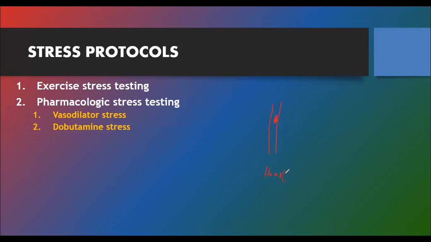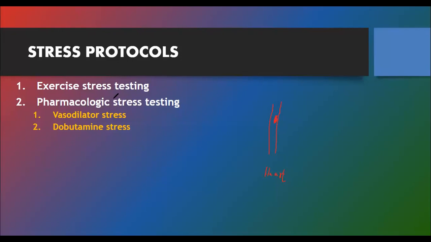But as the heart rate increases, its demand increases, and this diseased coronary is no longer going to provide enough blood to the heart. Then there comes a demand-supply mismatch. And when this comes, the whole ischemia cascade comes into play, and the patient is going to have pain.